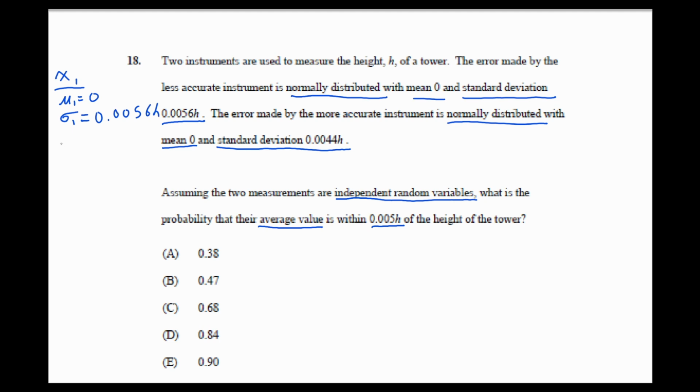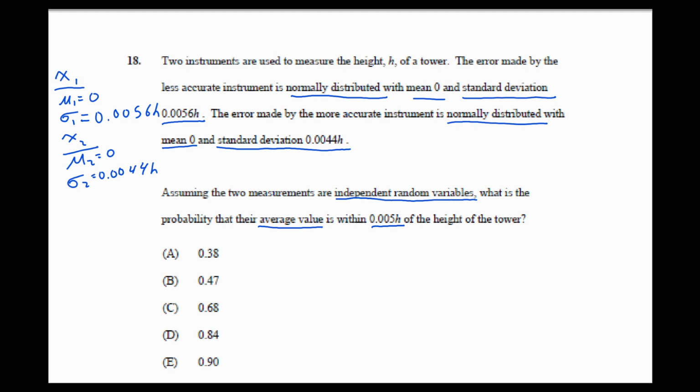Then we're going to have x2 also, and that's going to have mu2 equal to 0, and standard deviation 2 equal to 0.0044h. So what do we do with independent variables when we're combining them?